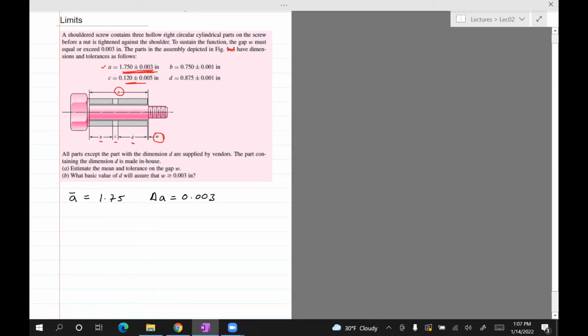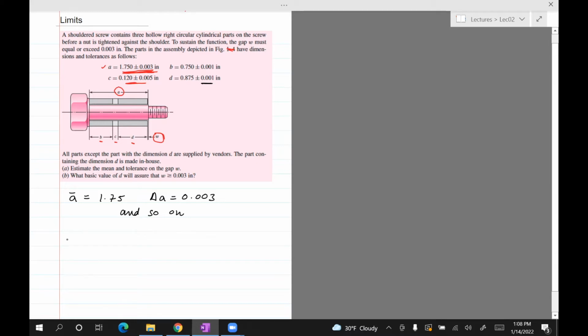You can see that the tolerances are bilateral and they're the same, so I don't really need to use a different notation for delta A. Otherwise, I would have put delta max and delta min, but in this case I can just use delta A because it's the same dimension, plus or minus. So I'll use this notation and so on for B, C, and D.